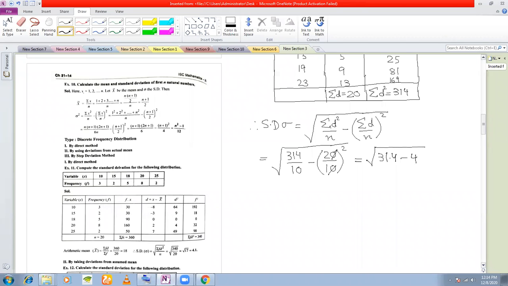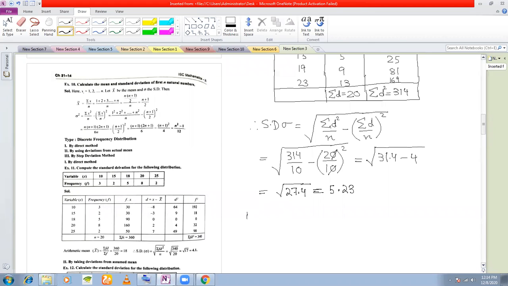You only get 2 square, which is 4. So you get a square root of 27.4 here. And if you find out the square root of 27.4 by division method, you know how the method of finding square root by division method, your class 8 knowledge, this will come to 5.23.